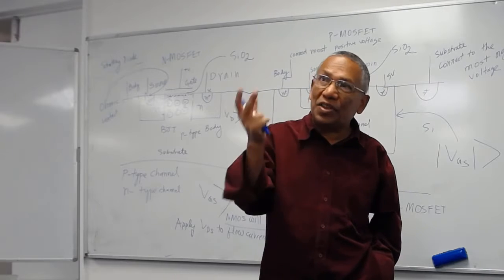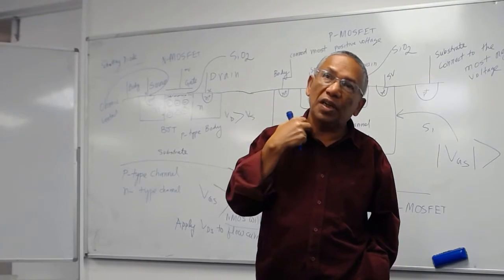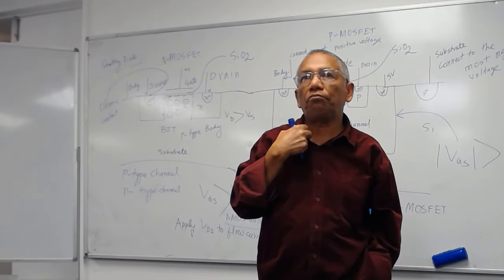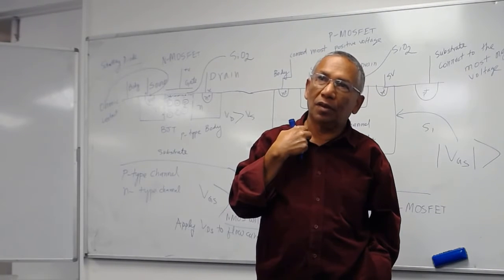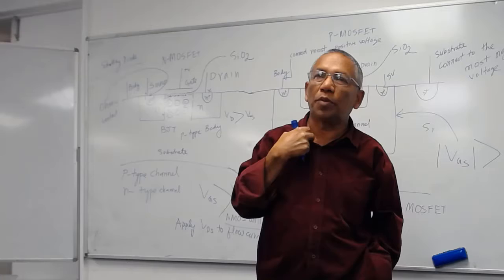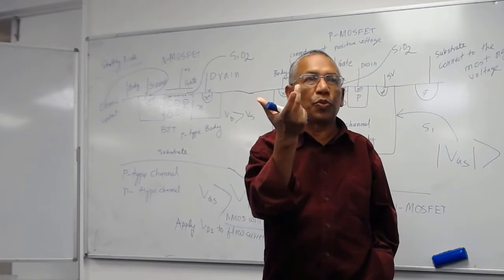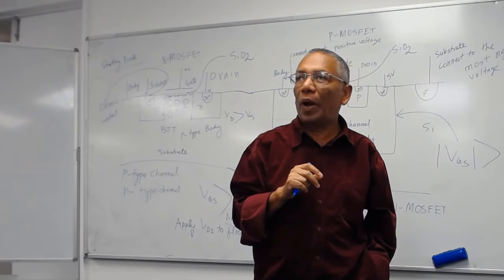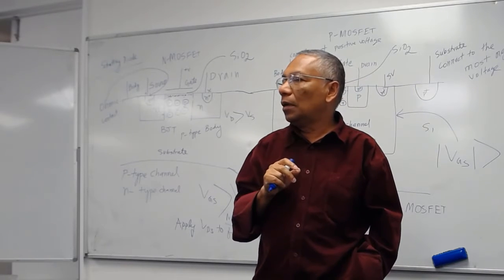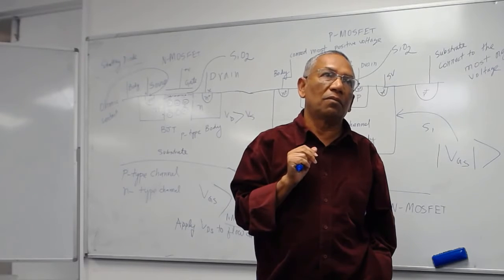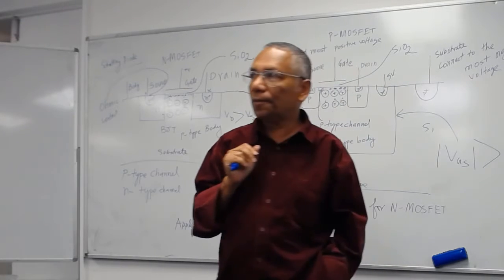So compared to the BJT, the MOS is a better switch. The MOS will make a better switch because the source and drain don't matter, you can put this either way. Whereas in the BJT, it does matter how you connect. Okay.